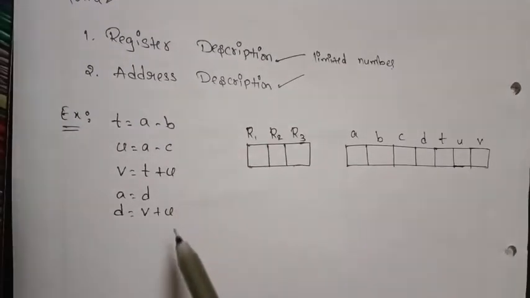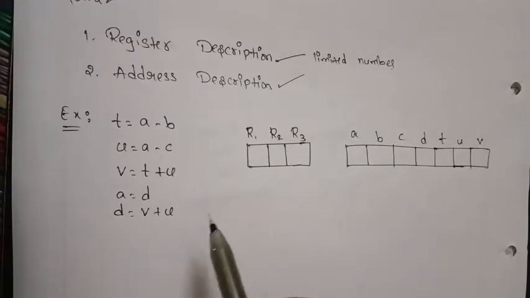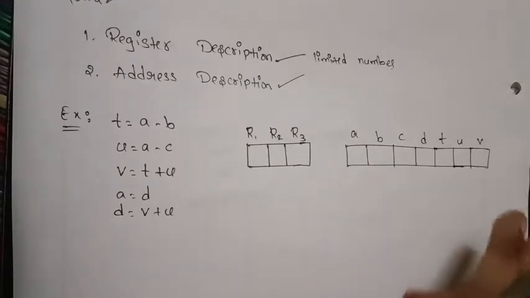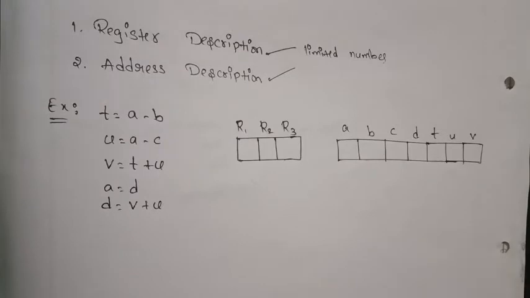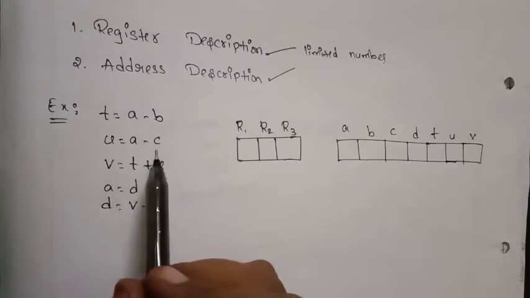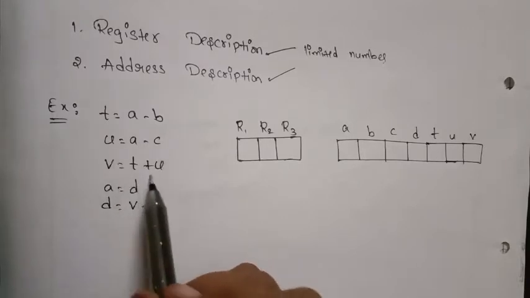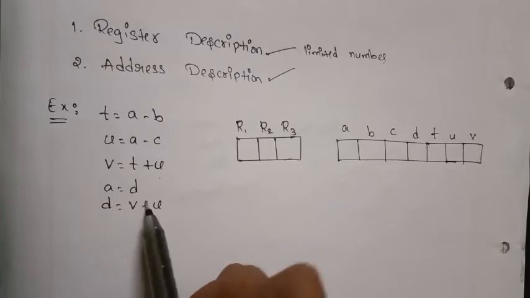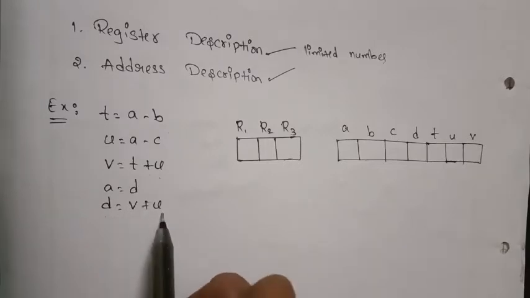These are the statements they have given. For these we are going to write the algorithm, that means generate the code. Let us see: t = a - b, u = a - c, v = t + u, a = d, d = u + t. These are the statements given to us.